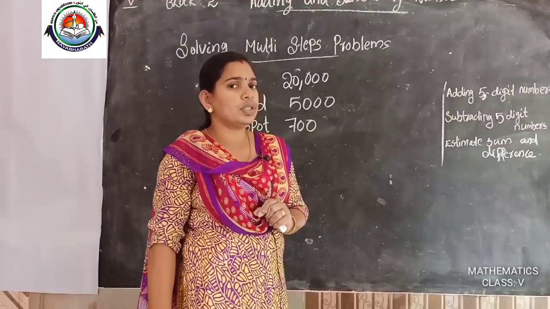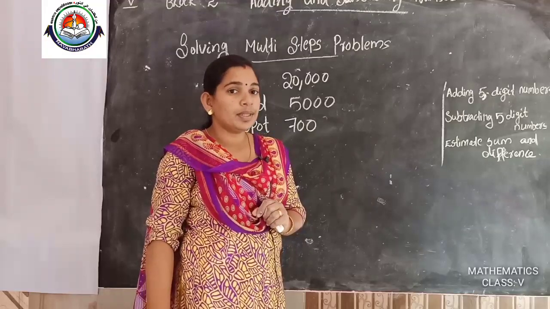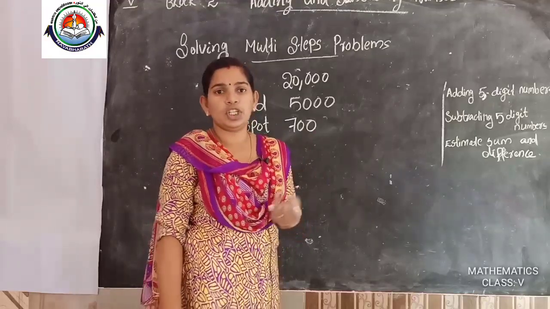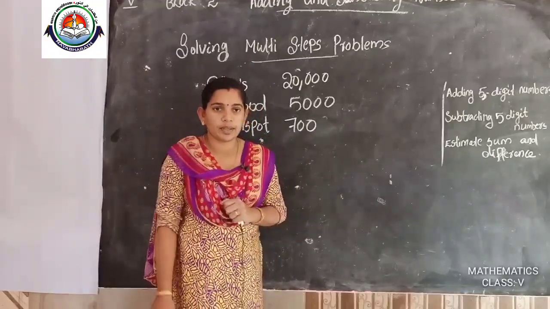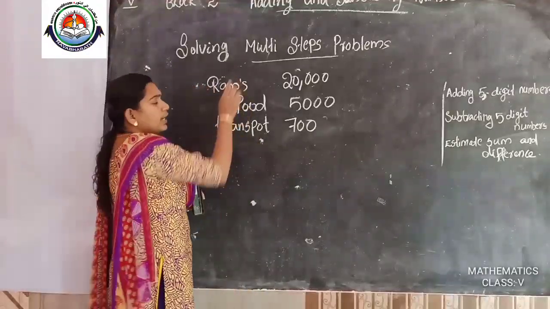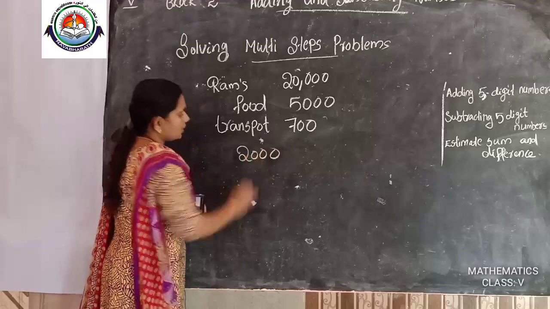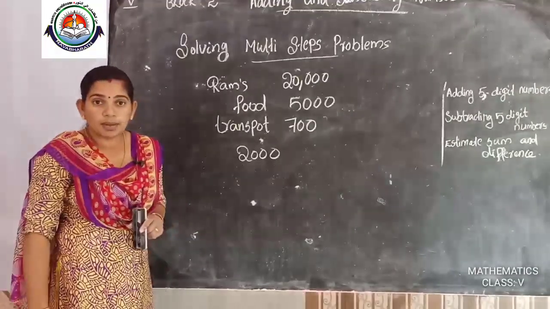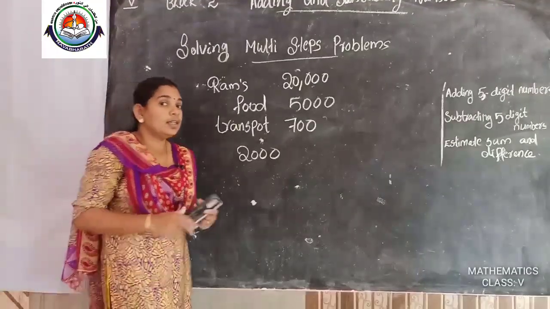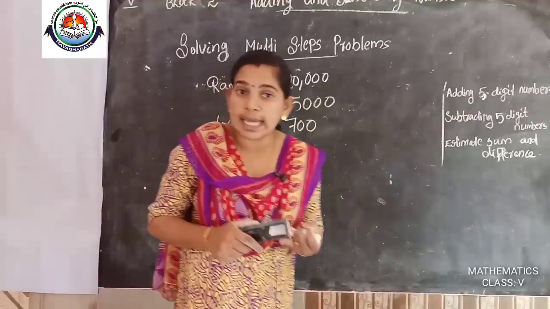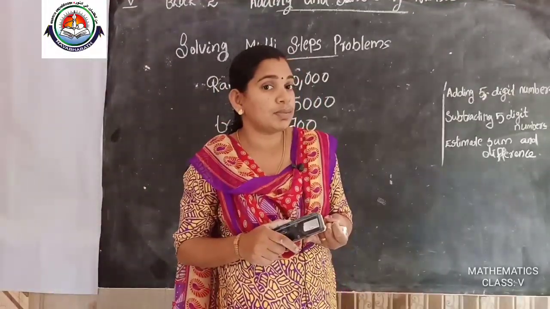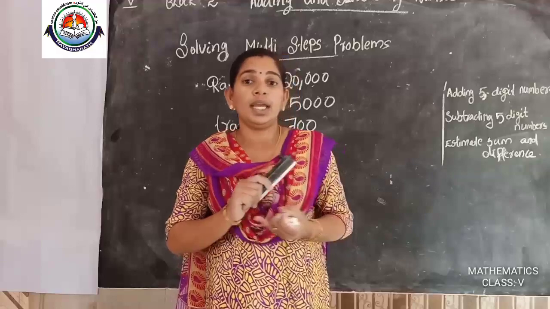How do you get it? Here which operation are we doing? Addition or subtraction? So we will check it. Here 20,000 is already there. It's a word problem, so how do we write? Ram's monthly salary is 20,000.